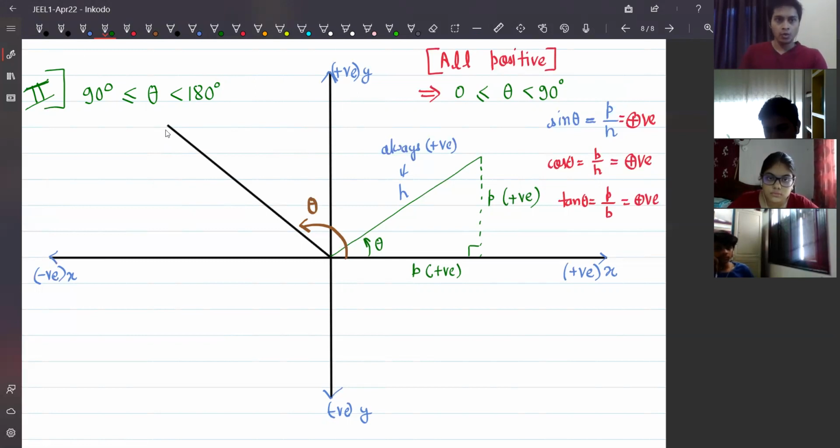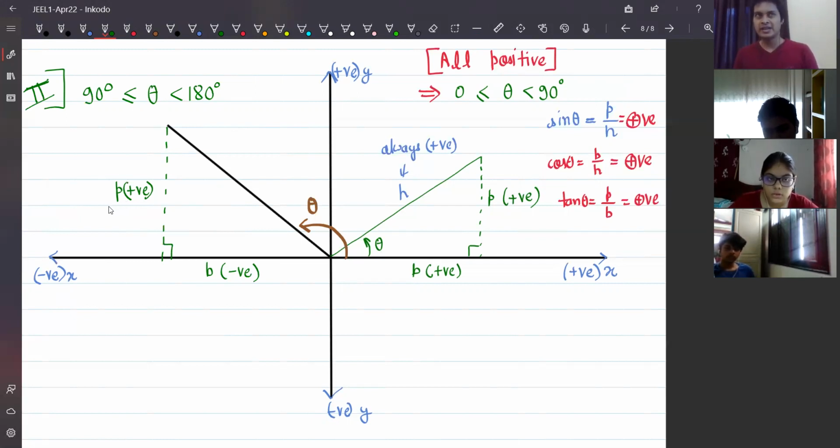Here, if you drop a perpendicular from here, this becomes a right angle triangle. Here, the base is the negative x coordinate. So base will be negative, but perpendicular will be positive. See, you'll not get this explanation anywhere. This is how some ratios become negative in the second and third quadrant.